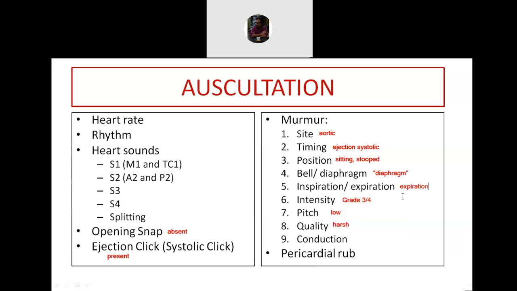So is there any chance of getting pallor in this patient? Think of the pathophysiology chart and tell me. Yes, may be present.